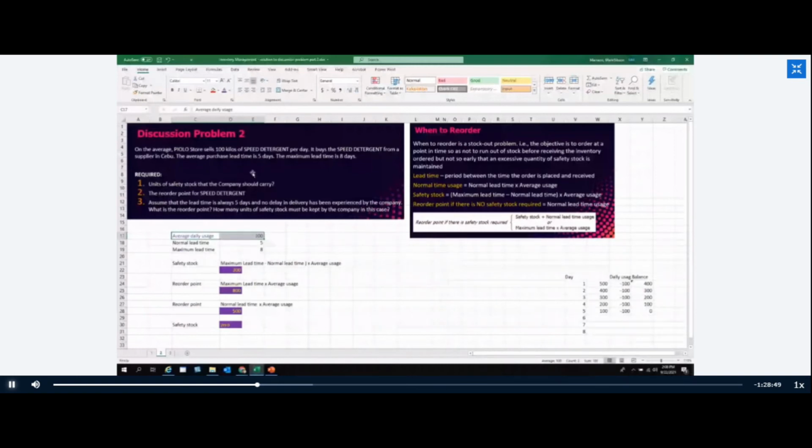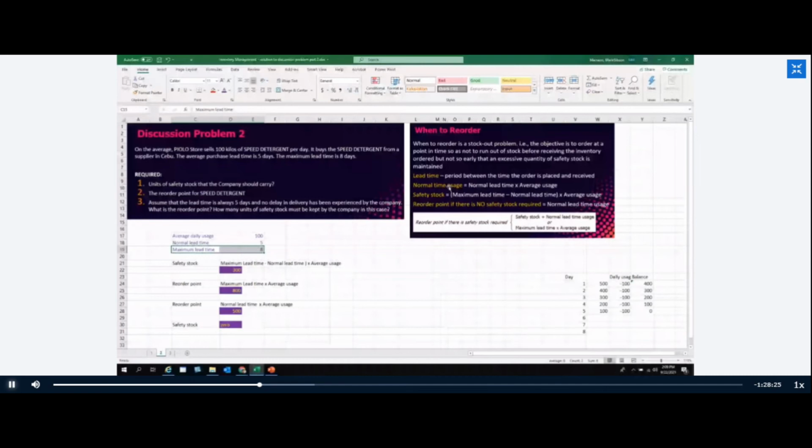Pangalawa, normal lead time is 5 days. Given pa rin yan, class. And maximum lead time is 8 days, 'no. Sige, let's do requirement number 1, units of safety stock that the company should carry. So titignan natin dito sa right side natin, how to calculate safety stock ba?